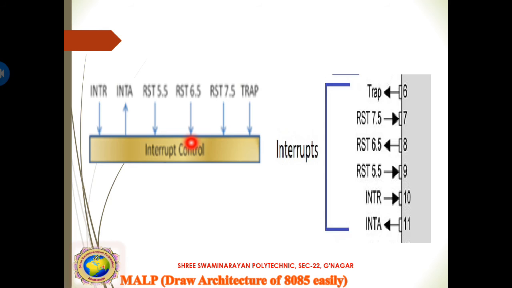So here is the interrupt control. Interrupt control has various input and output pins: the interrupt acknowledgement, RST 5.5, RST 6.5, RST 7.5 and trap. All these signals go in and out, and the pin numbers are connected here. Trap is 6, 7, 8, 9, 10 and 11.